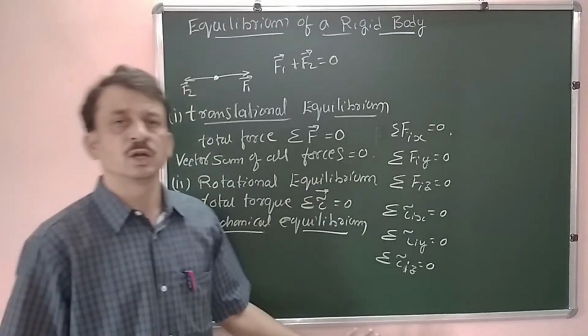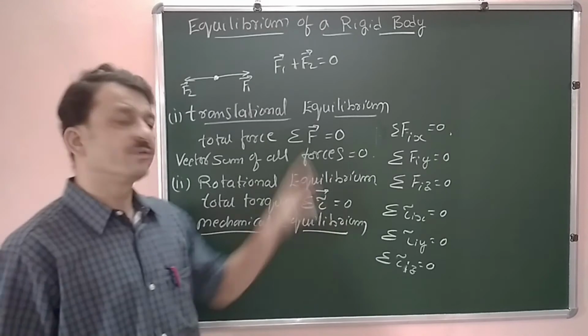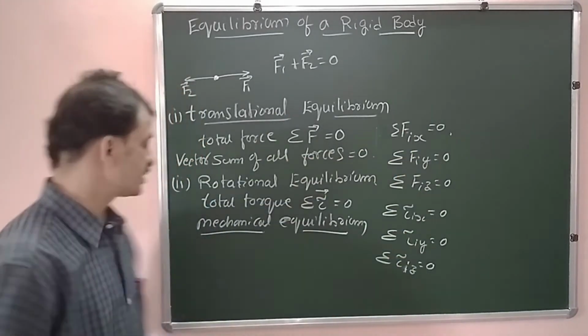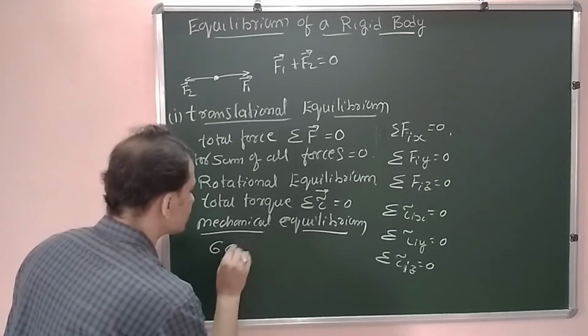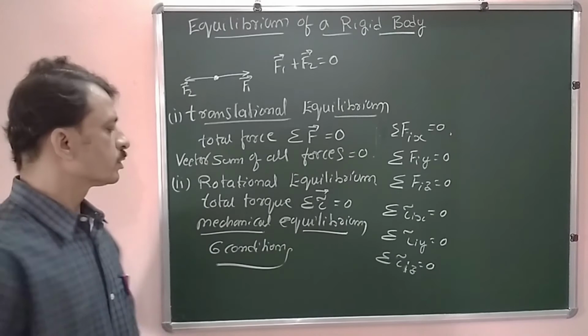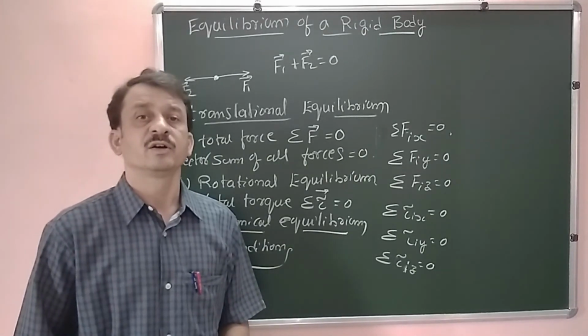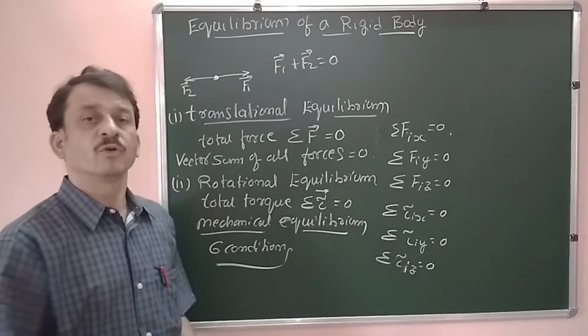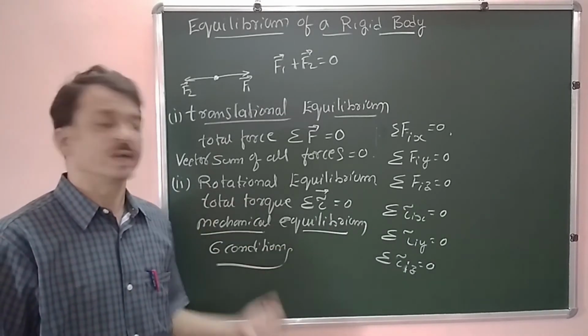So in total, for the mechanical equilibrium of a rigid body, we require 6 conditions. 6 conditions are required for the equilibrium of a rigid body.